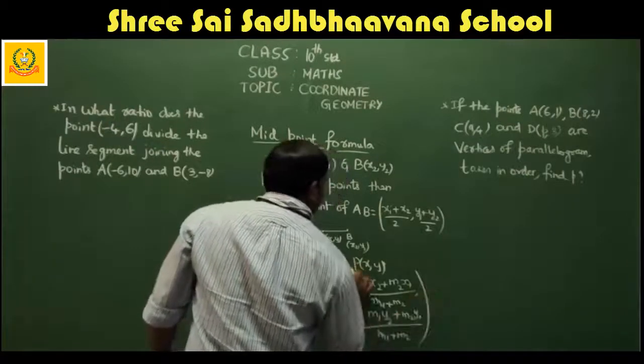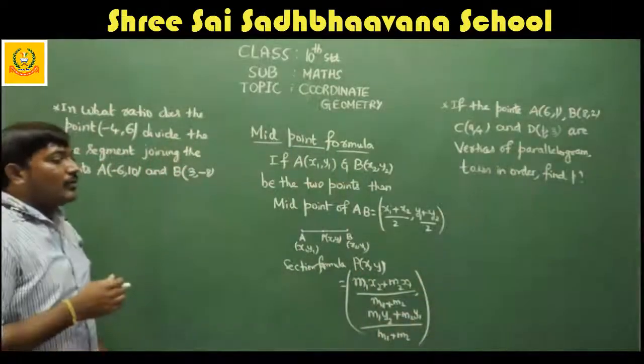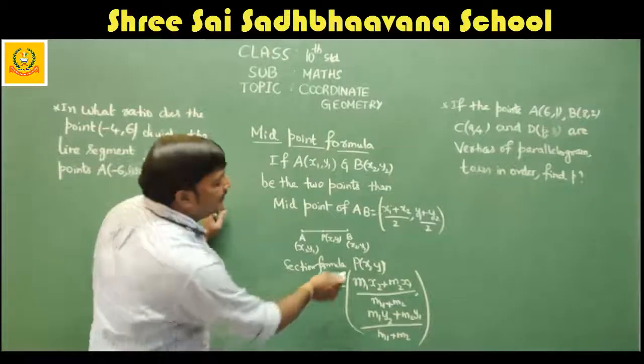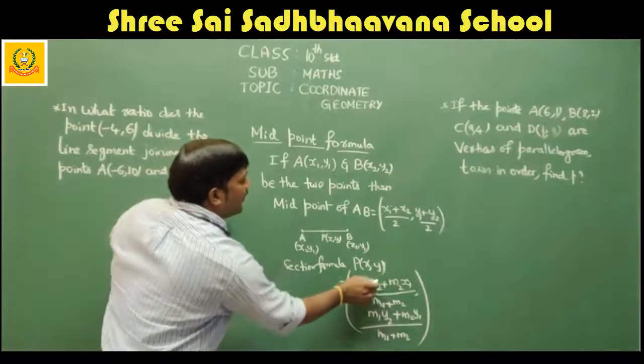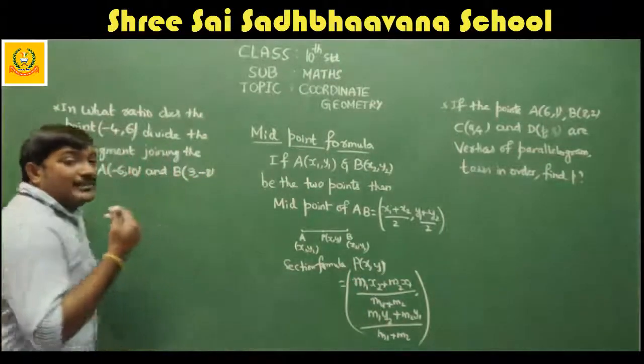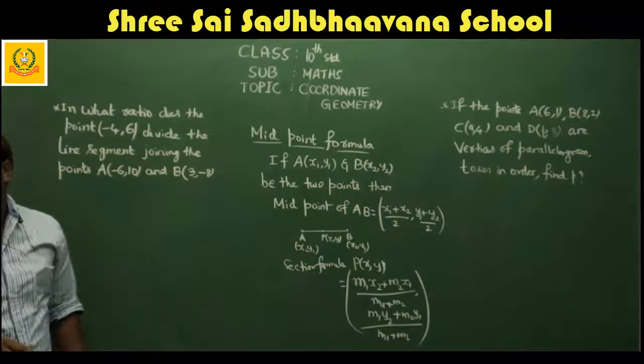This is the section formula; I have written the two coordinates. In the last sums, they gave the m1 value, m2 value, x2, y2, x1 and y1 values. They were already given, you just substituted and got the answer.